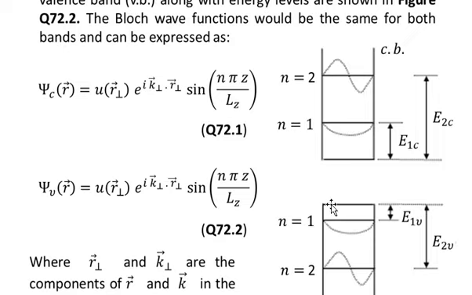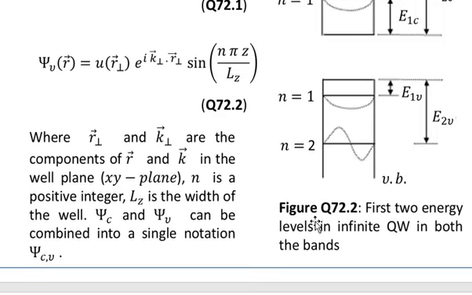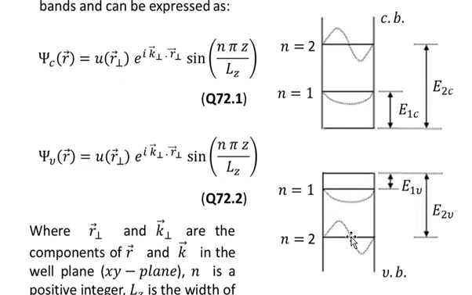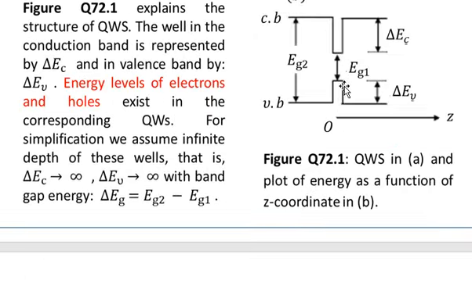Let me read the caption of this figure first. First two energy levels in infinite quantum well in both the bands, that is, in both the valence band and the conduction band. We have shown two states in both these bands. So you see that these are actually the quantum wells we have shown over here.